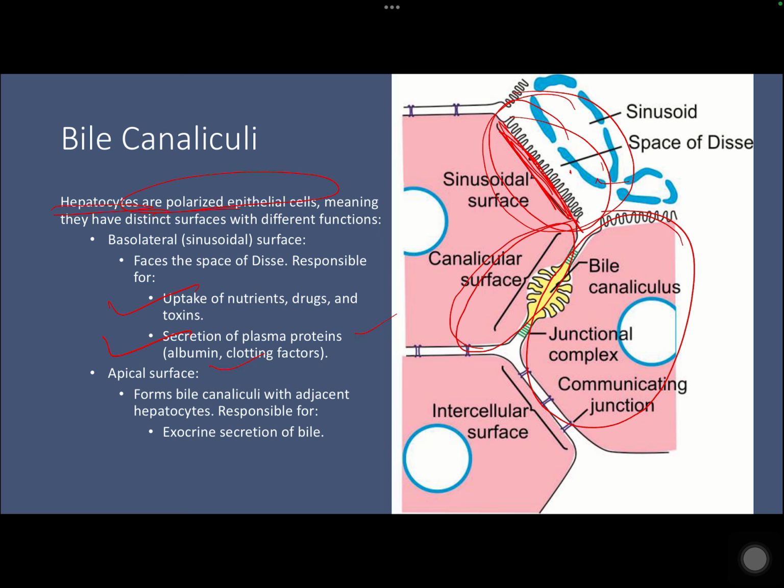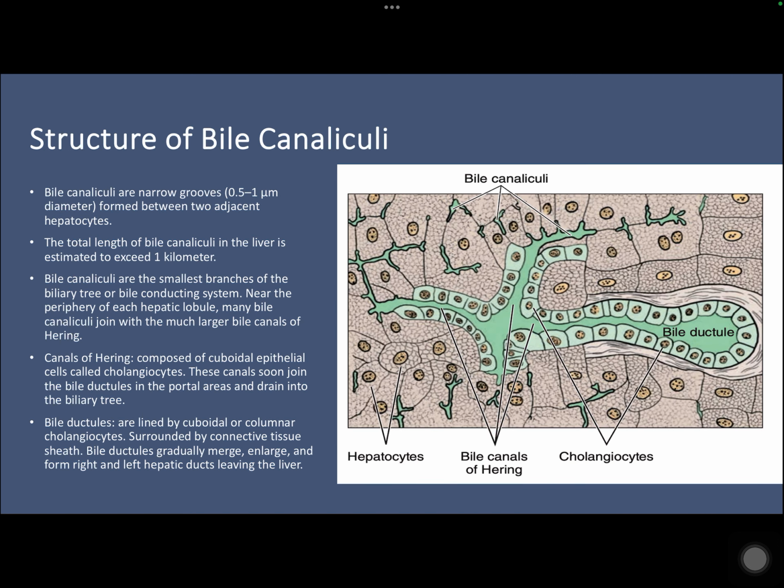But the other surface, known as the apical or canalicular surface, forms a structure known as bile canaliculi with the adjacent hepatocyte. That is why we say hepatocytes are polarized cells. One surface performs one function, another surface performs another function. Now, what is bile canaliculi?